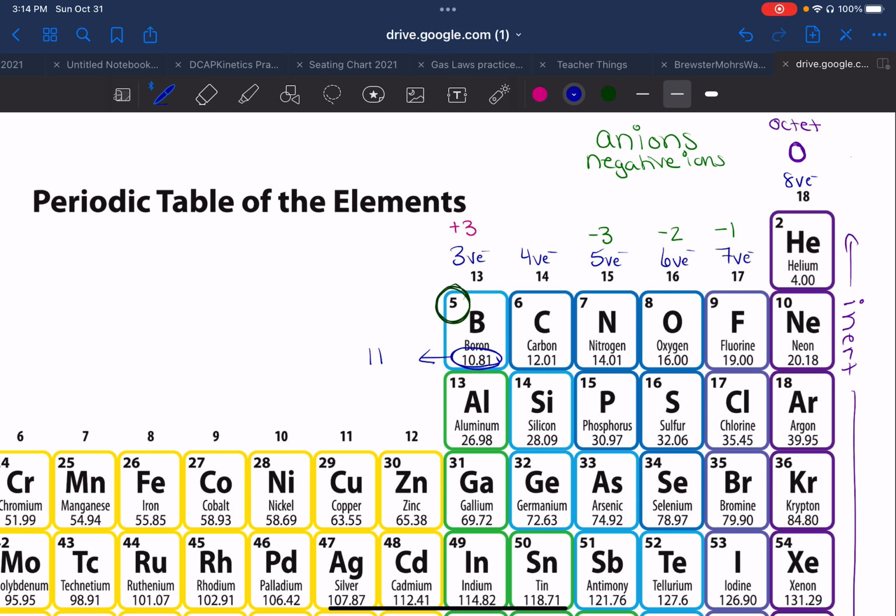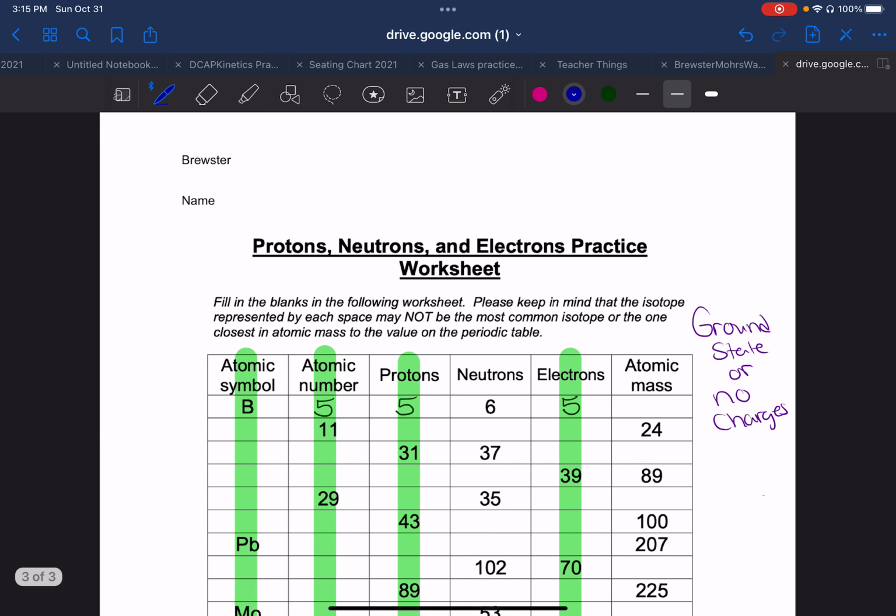We said 11 minus 5 is, and that gives me the happy number 6. So my neutron count is determined by taking the AMU minus the atomic number. And that's my neutrons. My atomic mass, if you recall, that's going to be my number of protons and my number of neutrons added together. So 5 plus 6 equals 11.